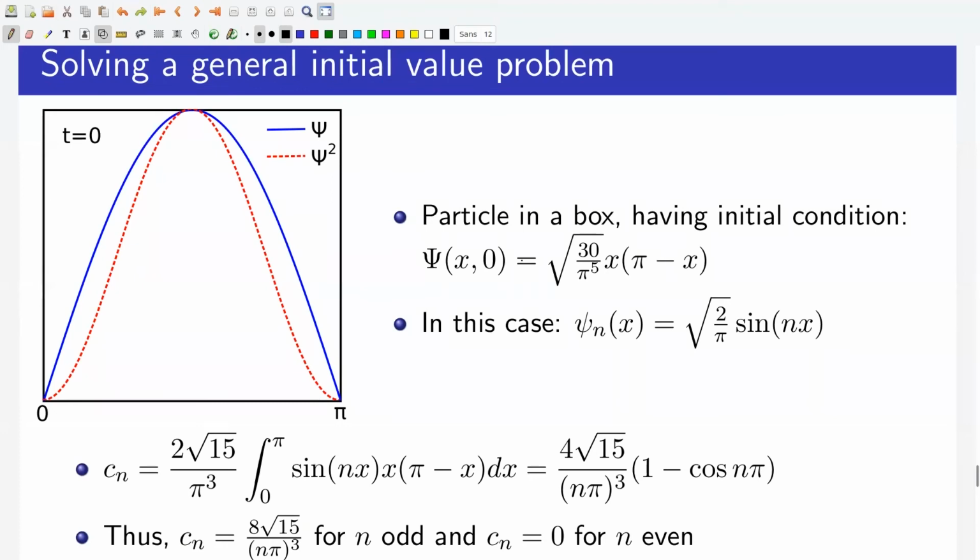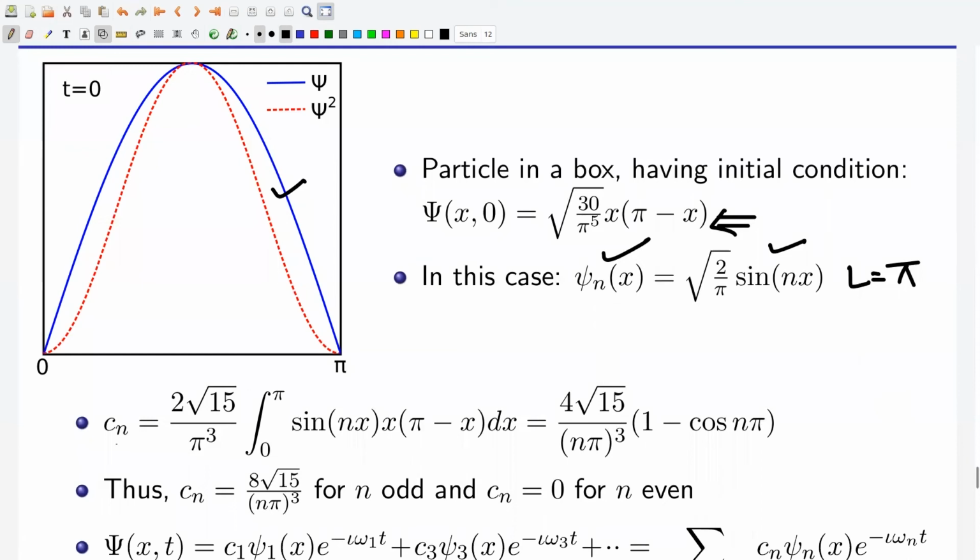Let us solve a problem of particle in a box having this initial condition. The initial condition is plotted here. We know that in case of particle in a box, the eigenfunctions are given by this, and again we have assumed L equal to pi. Then we can calculate these constants Cn, and it turns out to be equal to this.